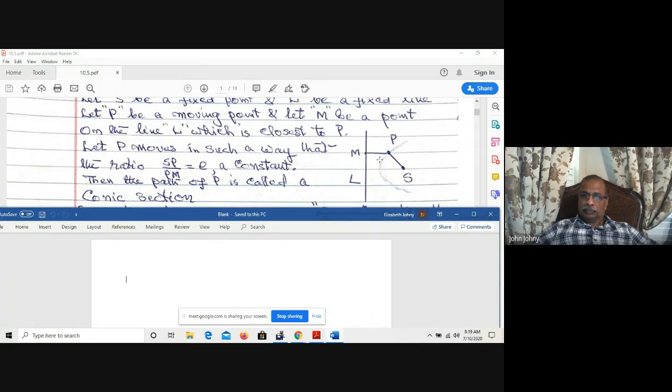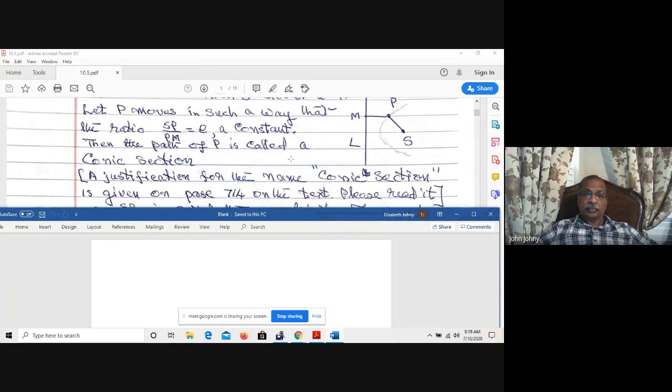So it moves along a certain curve by keeping the ratio the same. SP divided by PM, we call it E, the eccentricity, and that is a constant which is definitely positive. The reason is SP is a distance, PM is a distance, so both SP and PM are positive, therefore E is always positive.